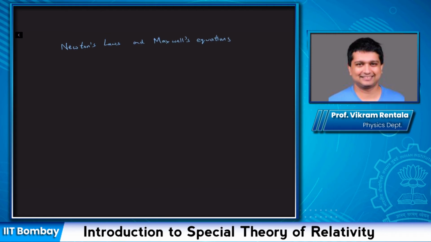Now, as we discussed at the very beginning of these lectures, Newton's laws are going to be incompatible with special relativity because in Newton's framework, time is absolute and the speed of light is not constant to all inertial observers. That is, Newton's laws obey Galilean relativity rather than special relativity.